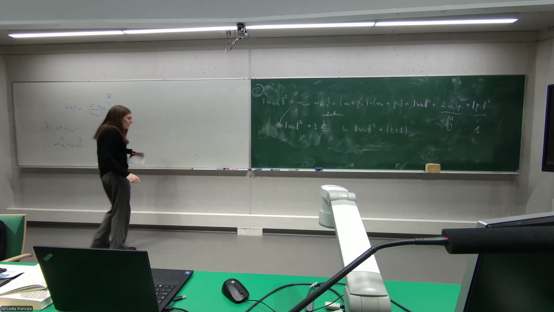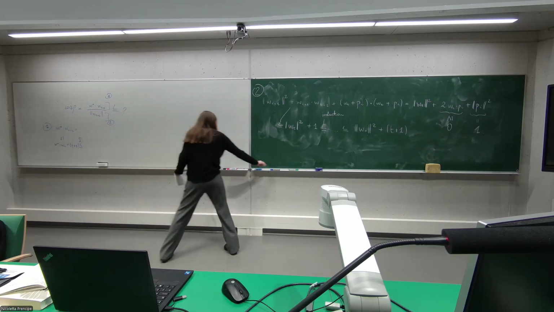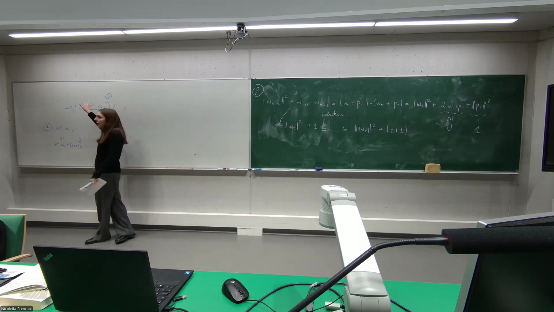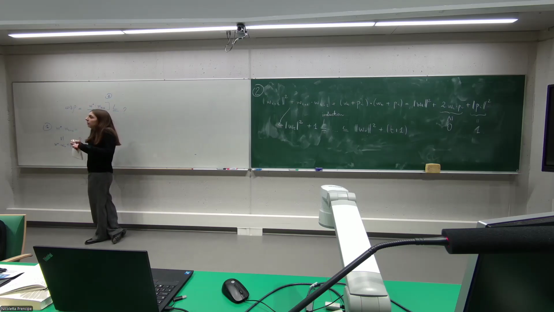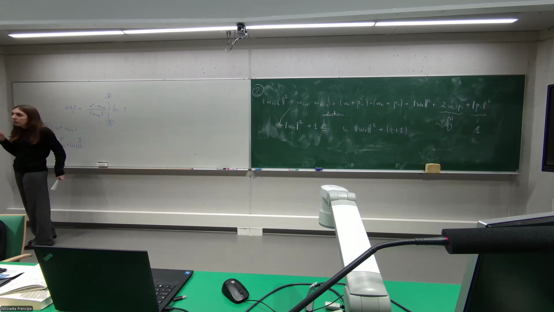What did I learn from my step 1 and step 2 that I really use here? Because my goal is to show that, okay, what is my goal? To show that the angle, when I am at step t plus 1, goes to 0, so the cosine goes to 1.